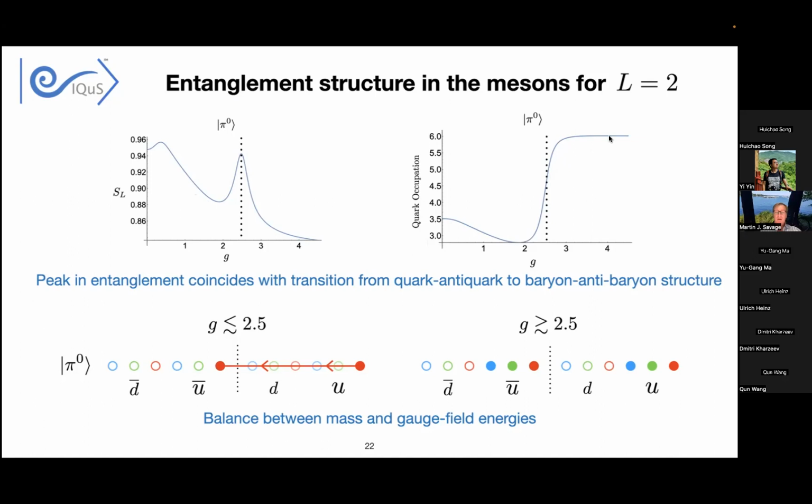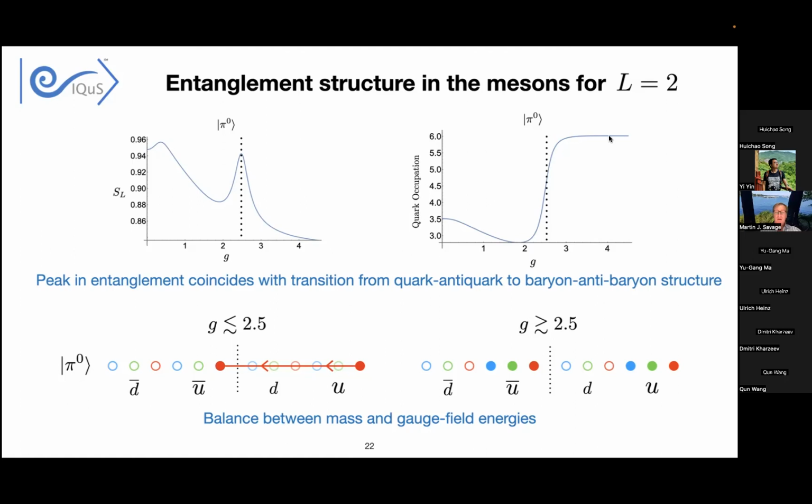And so what's going on here is the structure of the state is changing from something that is intrinsically QQ bar dominated, so it looks like a quark and antiquark as the interpolating field for this meson, to, at strong coupling, being a baryon anti-baryon pair.